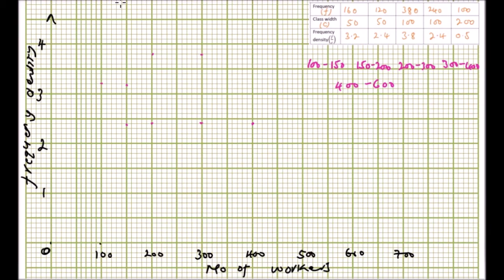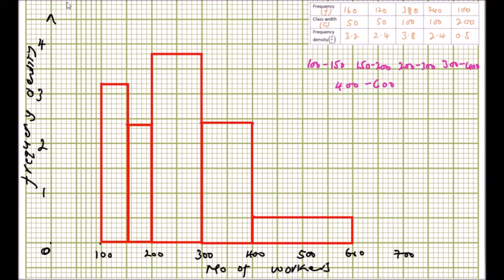So this is where we have our 0.5. So those are the points where we are going to make bars to represent the histogram. So let's do that. So this is our histogram. You can see that we have plotted the frequency density against the wages. So let's go back to the question and see what is required next.